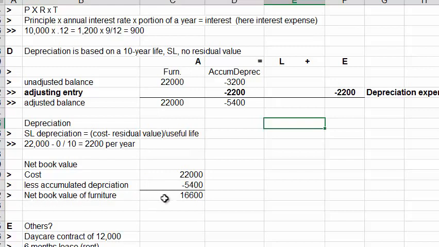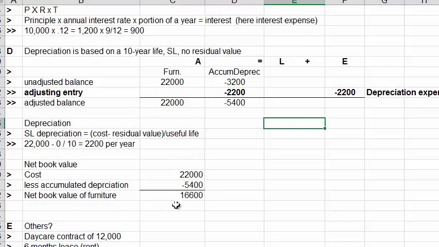And a lot of times what you would actually see on the balance sheet for a company is just the $16,600, the net book value. But because when we wrote off the cost of the furniture, we put the $2,200 as a minus to accumulated depreciation instead of just straightforward subtracting it from the furniture account, a reader could potentially also have this other more detailed information.